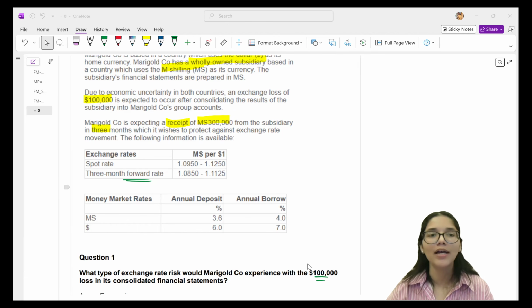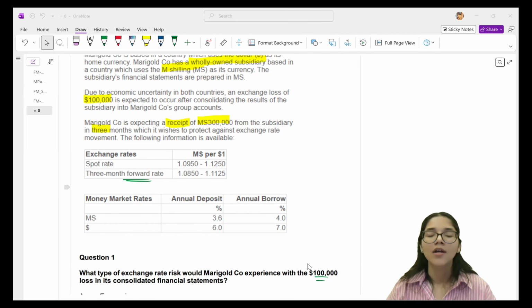To find that out, I have to see which currency is strong and which currency is weak. If you have a look at the exchange rates, even the spot rate for that matter, for every dollar you are receiving more than one M shilling. So who do you think is stronger, the dollar or the M shilling?